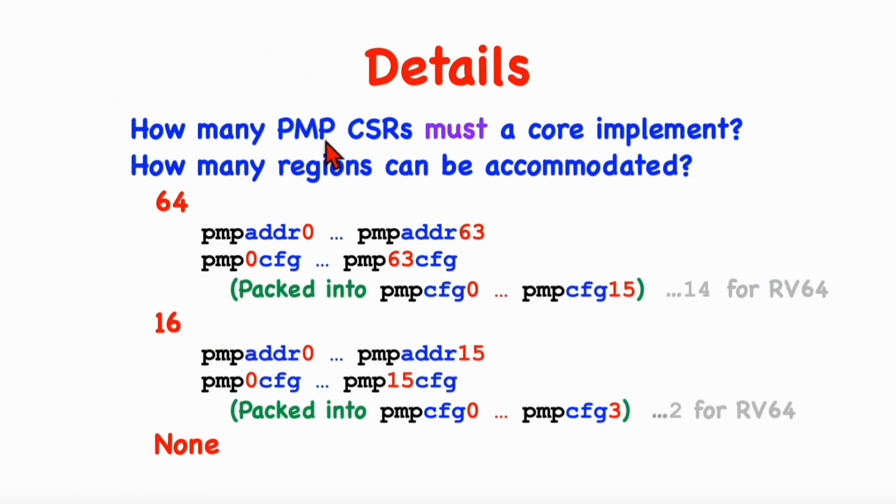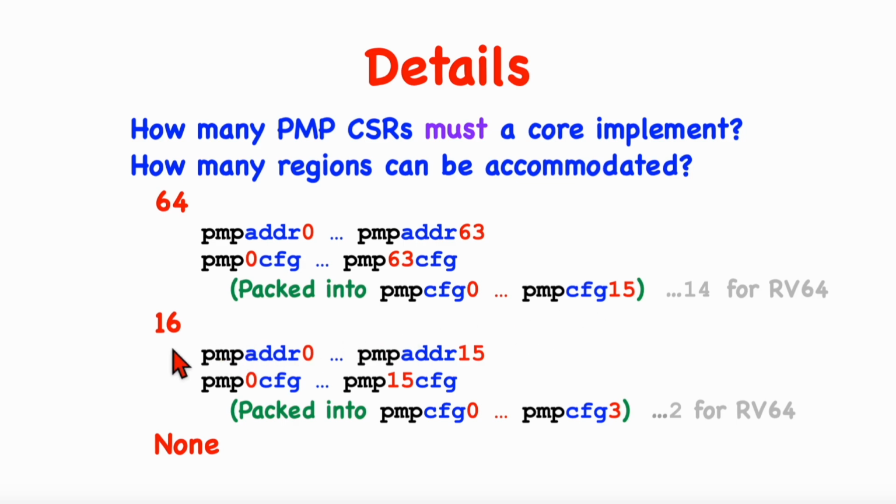How many physical memory protection registers must be implemented? In other words, how many regions can be accommodated? Well, the RISC-V spec gives only 3 options: 64, 16, or none. If the core can accommodate 64 regions, then it will have 64 address registers with these names, and it will have 64 configuration bytes with these names packed into registers with these names here.